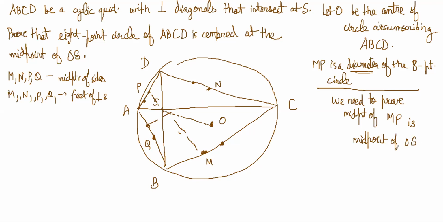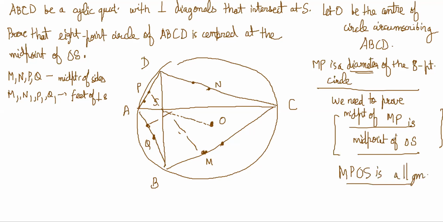To prove something like this, what do we need? If the midpoint of MP is the midpoint of OS, then MOPS is a parallelogram. Only then will the diagonals bisect each other. Not MPOS, MOPS.